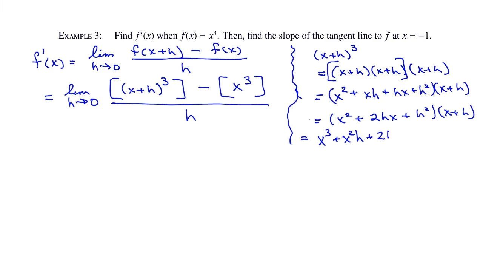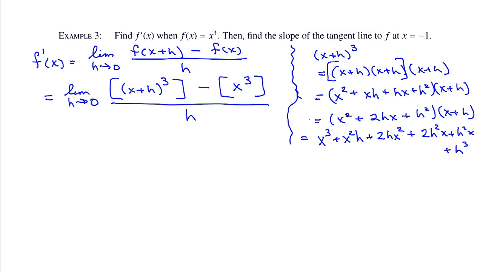So that's 2hx squared. Then 2hx times h, that's 2h squared x. Lastly, h squared times x is h squared x. And then h squared times h is h cubed.